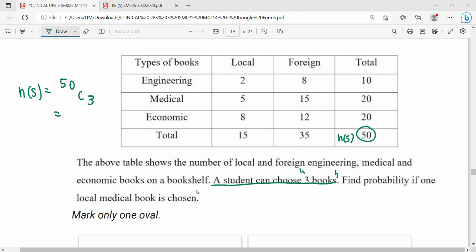So this question involves permutation and probability already. So you have 19600. What's your number of event?